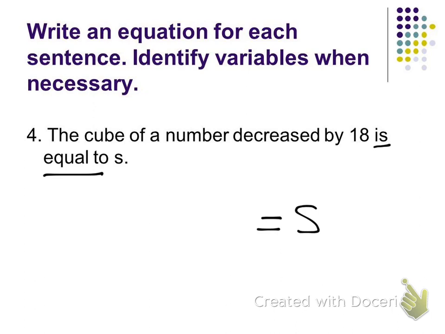the cube of a number. Oh, darn. We need to let n equal number, since there is the variable s, but there's another one that we have to set up first. Cube of a number. What would be n cubed? n to the third?